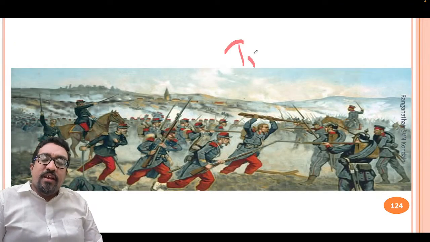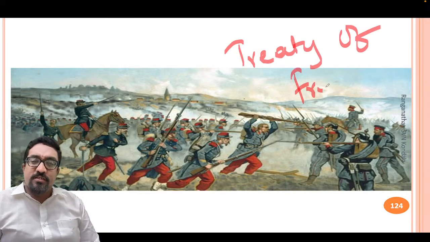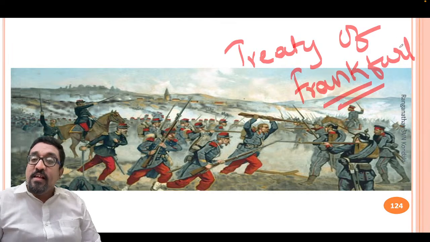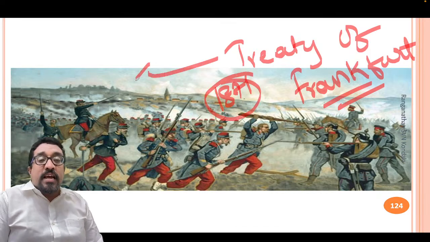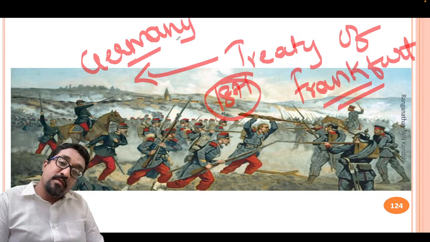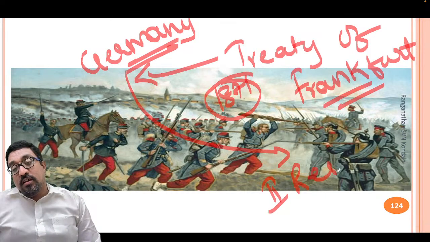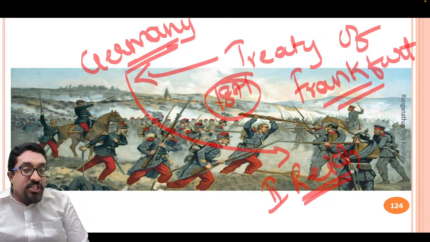And a treaty was signed called the Treaty of Frankfurt. And the funny part is the Treaty of Frankfurt established Germany. This Germany was commonly called the Second Reich. The First Reich is the Holy Roman Empire. Second Reich is this Germany.